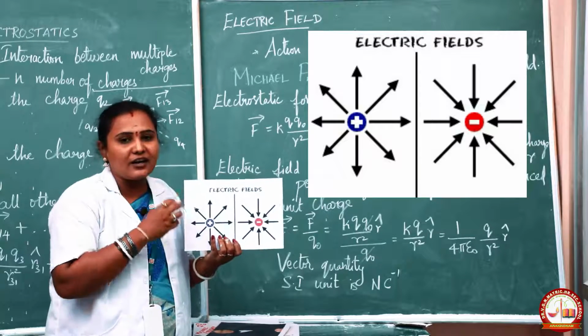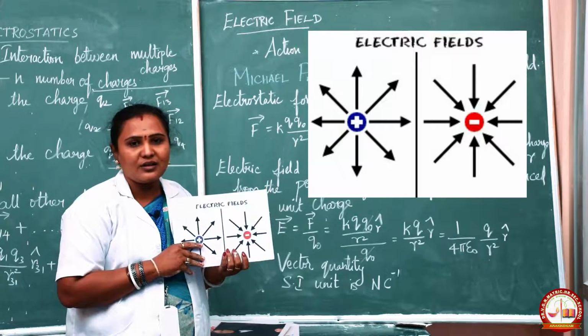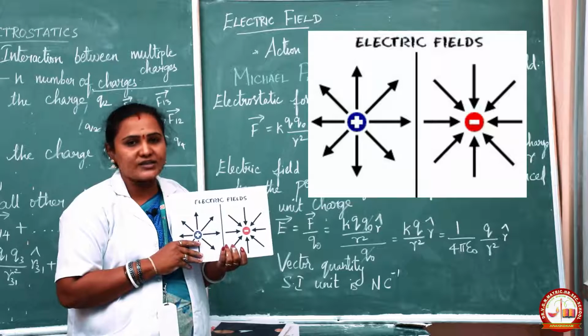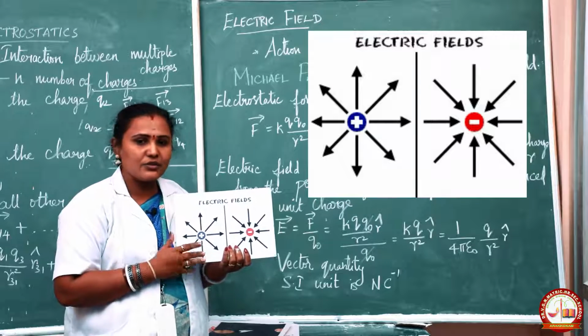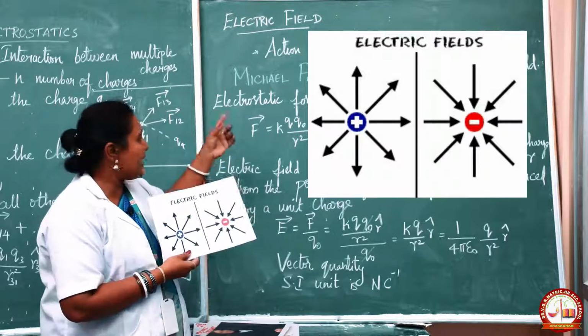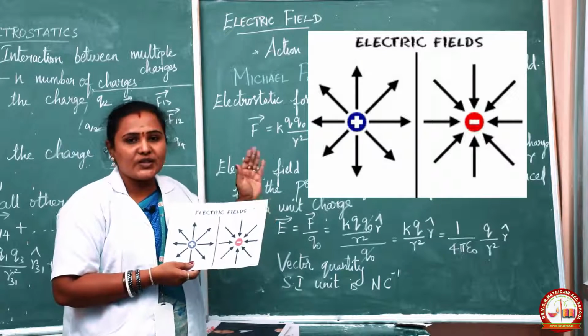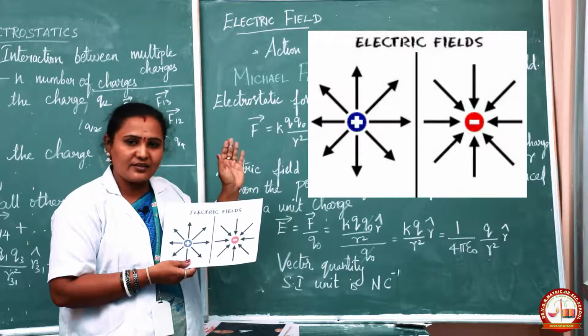It exerts a force, which we have already seen in Coulomb's law, that is, the electrostatic force. Keeping these two concepts in mind, action at a distance and this electrostatic force, we are going to define the electric field.